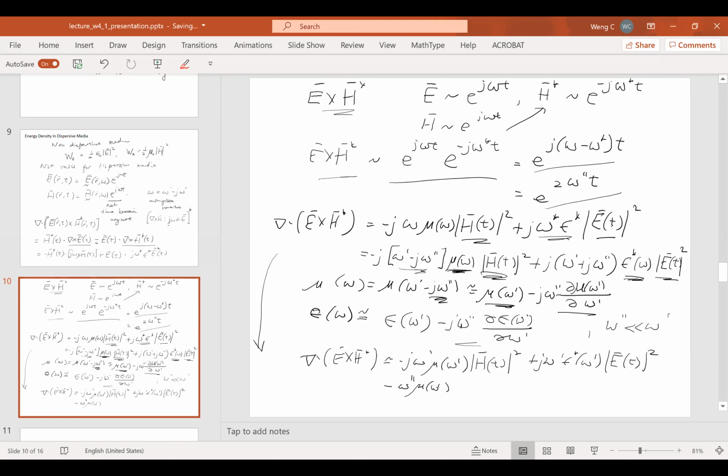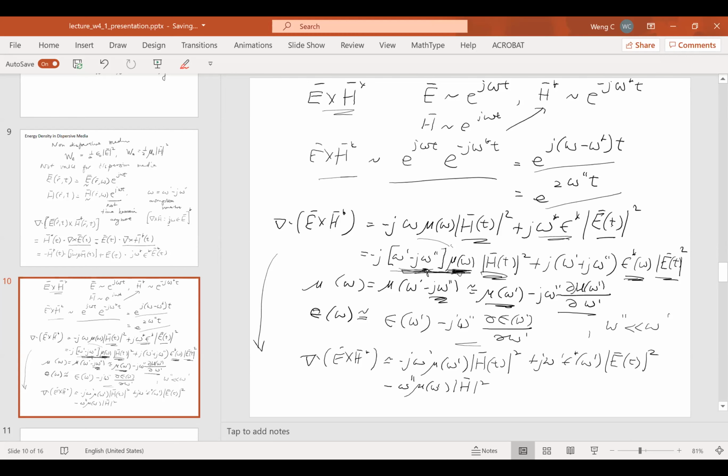For instance, if I look at this term over here, okay, the first term was already written down. The second term will be the product of this term and that term. Okay, these 2 terms. The product of these 2 terms will be that term. And then I can write down H square. And then I also do the same thing to the other term, because there are 4 terms here that involve omega double prime.